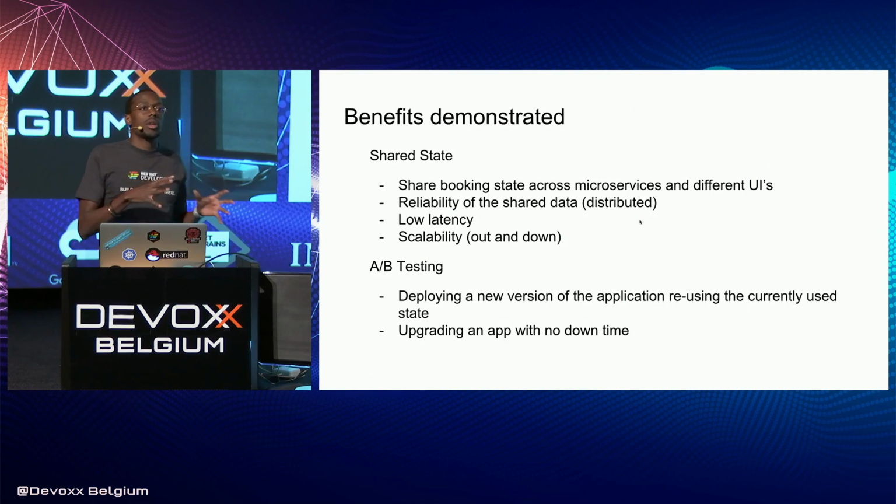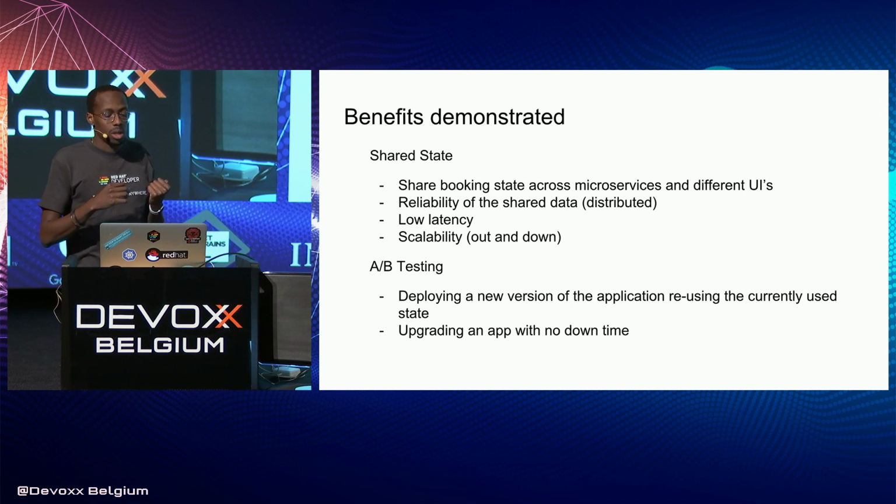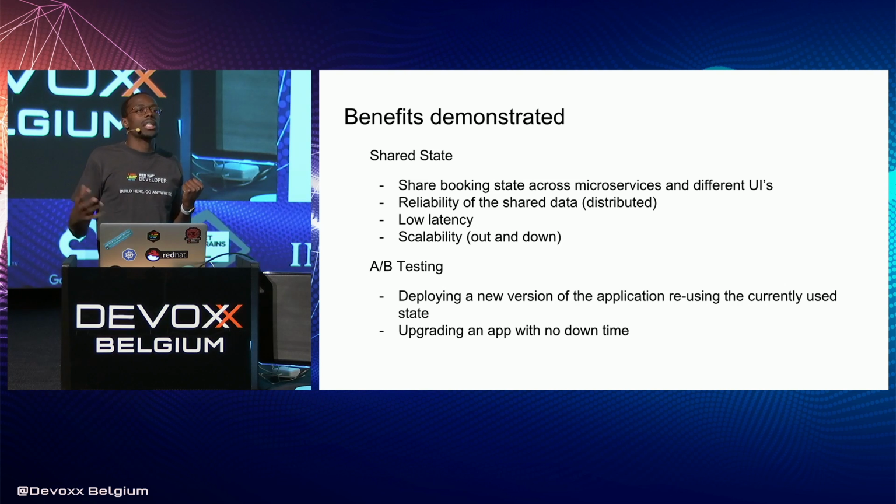So in the second part of the demo, what we demonstrate is that we are able to share state between different microservices and different web applications in an in-memory data grid, giving me scalability, low latency, and high availability of my data.